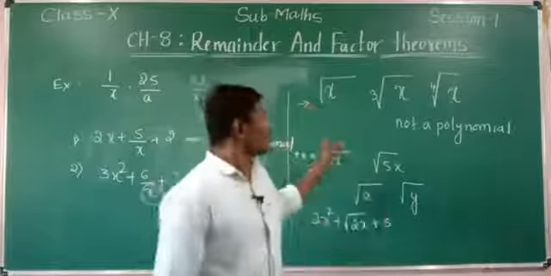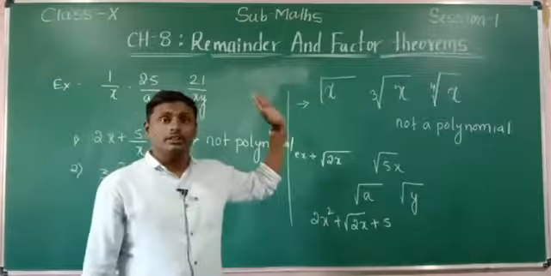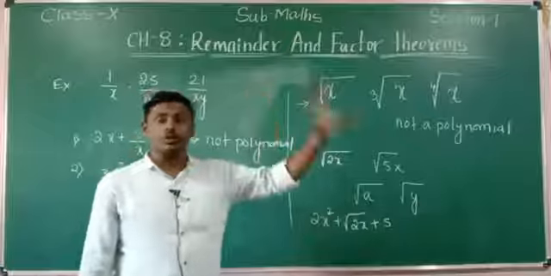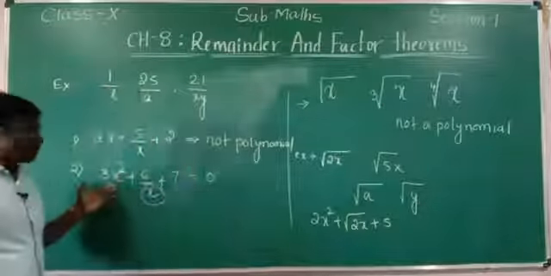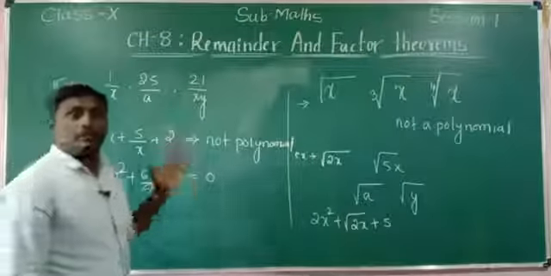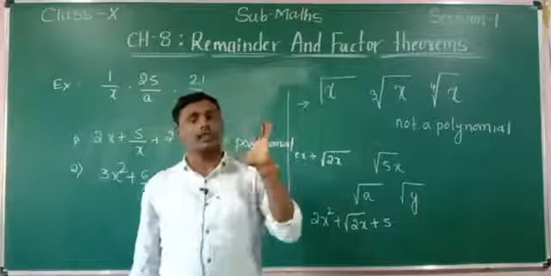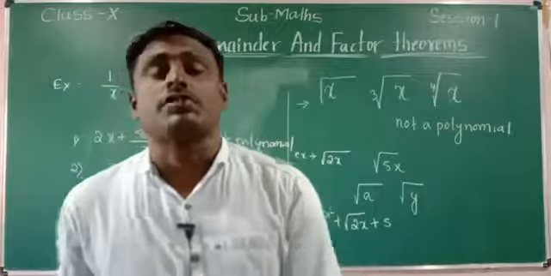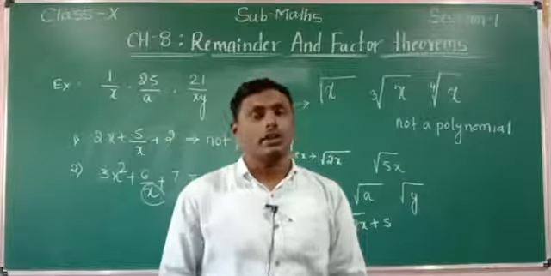First condition, the variable should not come under the square root or cube root or fourth root or fifth root. Next, the variable should not be in the place of the denominator in fractions. So these two are the conditions to identify whether the given expression is a polynomial or not.